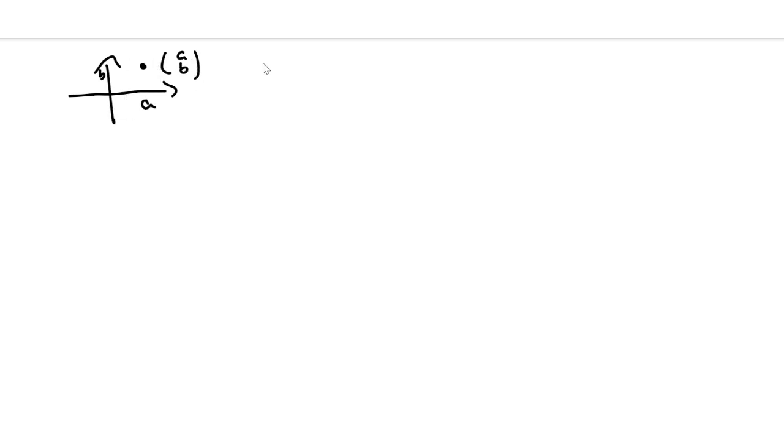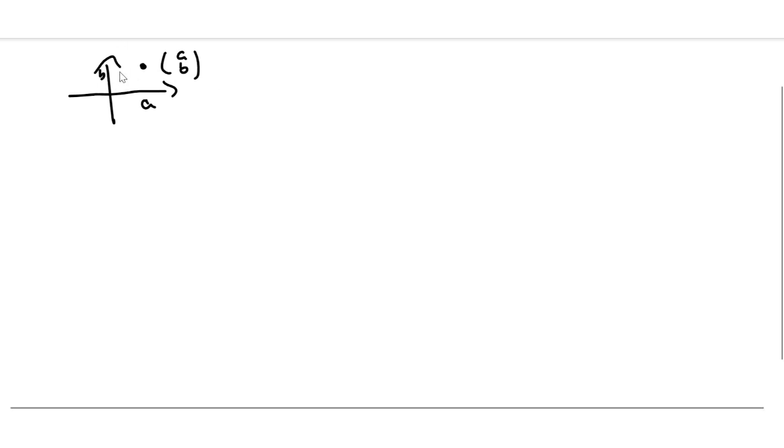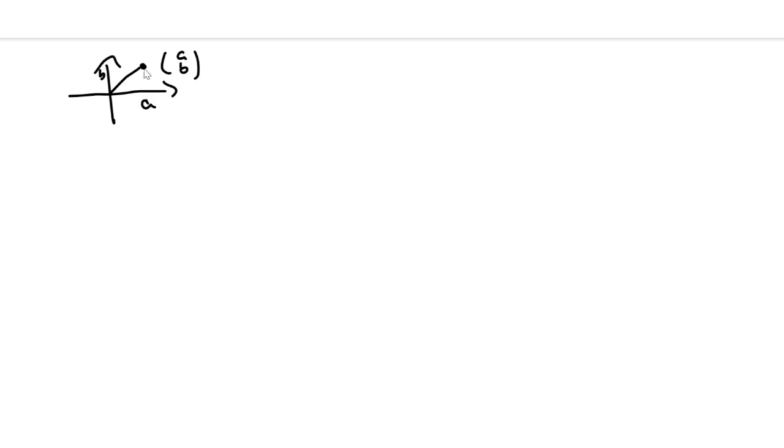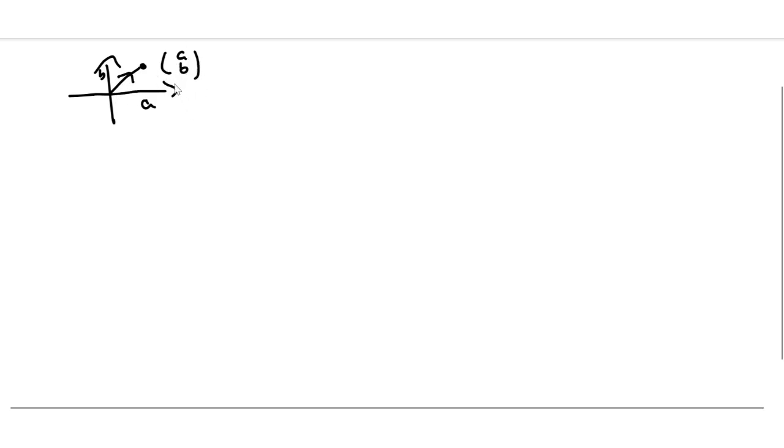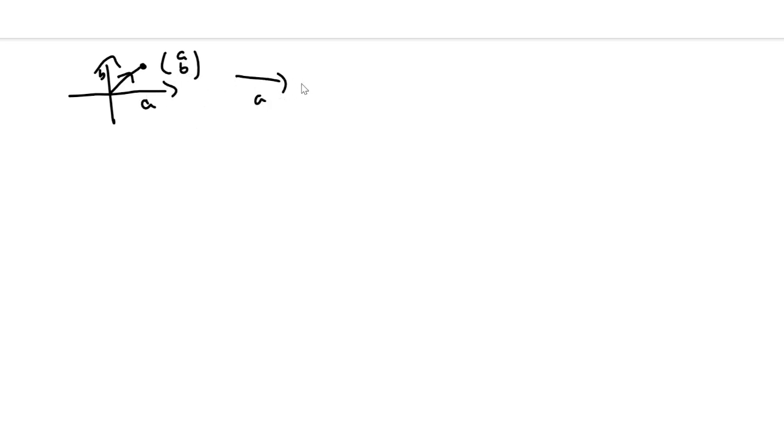Or we can think about it as a direction vector. The position vector is essentially its position compared to the origin, and the direction vector says that what (A, B) means is that we're going to move A spaces right and B spaces up, no matter where we are in space.